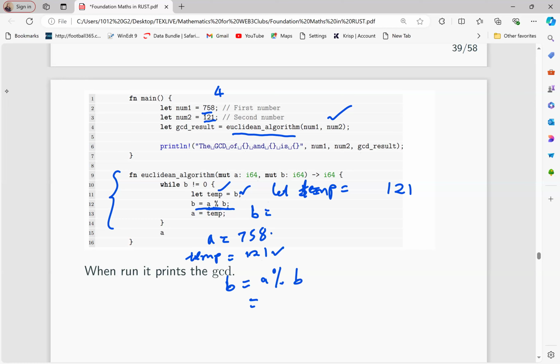So what is the remainder on division? Let me just use my calculator. You've already seen the code, so I'm just explaining how the code would be working.